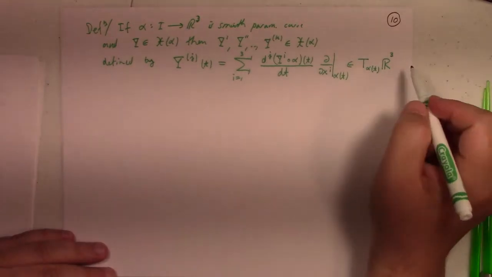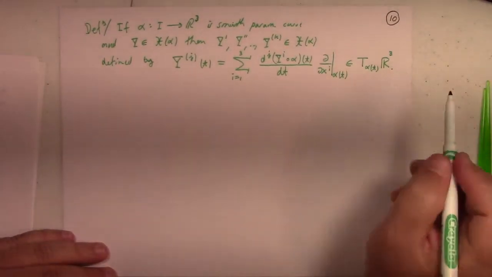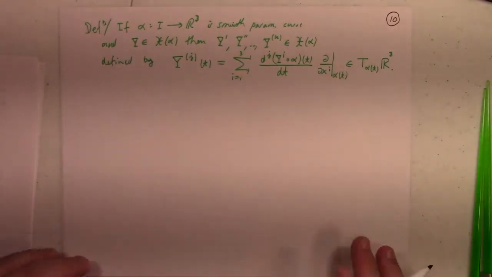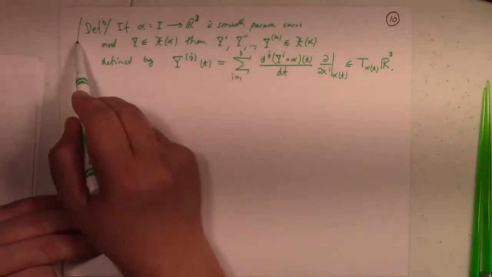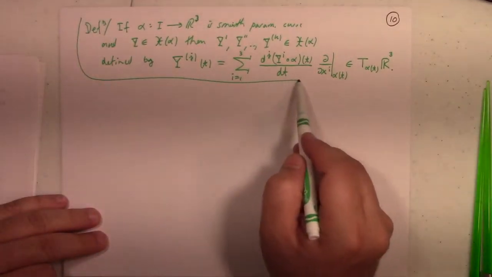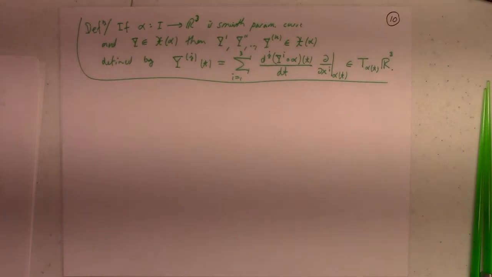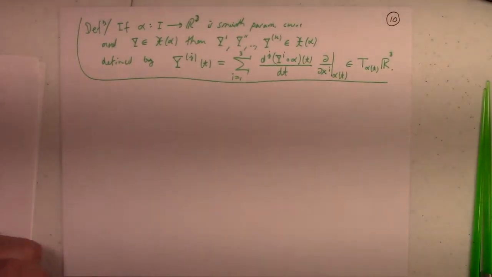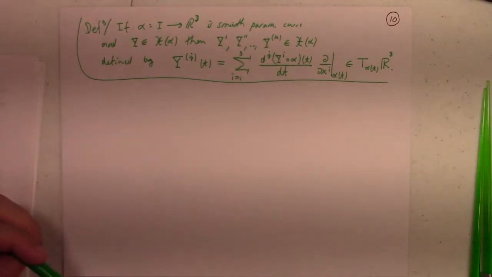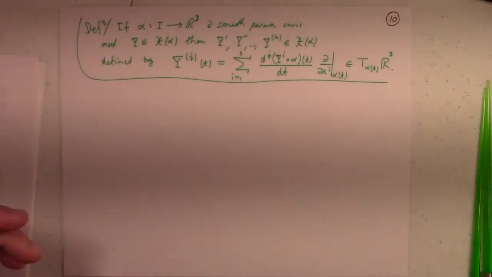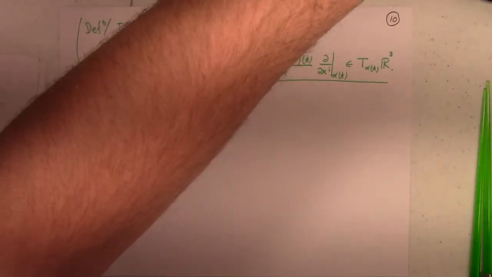Anyway, that's a question you can ask. But this is not the time to answer that question, let's just say that. All right, so that's the definition of a derivative of a vector field along a curve.